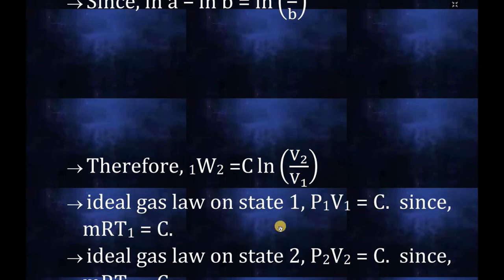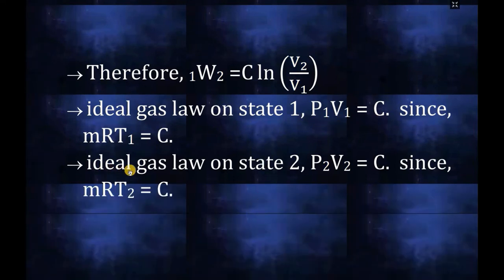Therefore, this mRT1 can be rewritten as C. So P1V1 is equal to C. Similarly, the ideal gas law at state 2 can be rewritten as P2V2 is equal to C, because mRT2 is C. That is, I am going to rewrite this mRT2 as C. So P2V2 is equal to C.